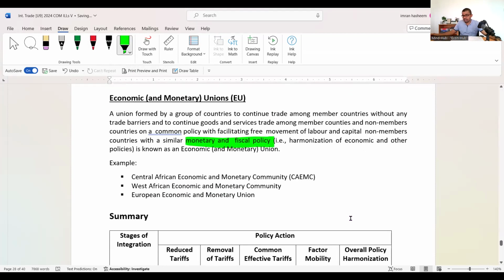Examples are given. No better example than the European Economic and Monetary Union. They have gone to the extent of even integrating what? Even integrating currencies. So we have the Eurozone. What is the Eurozone? Can someone tell me what the Eurozone is?